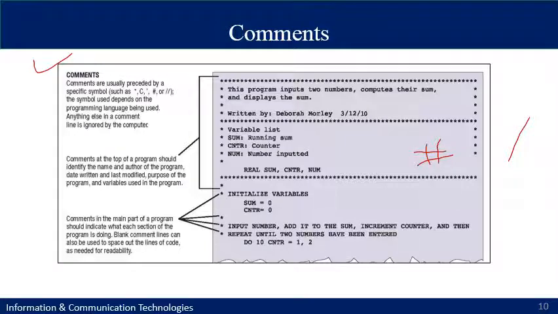Comments tell you about the type of the file and the code it represents, or the values of variables or other processing that your code file can contain. Usually comments at the top of the program should identify the name and the author of the program, the date written and last modified date, the purpose of the program, and the variables used in the program.